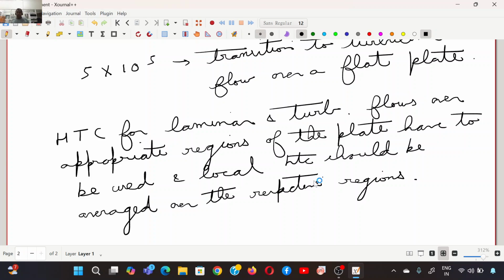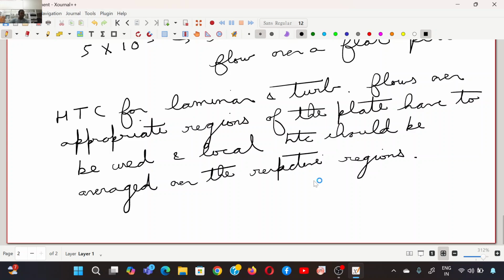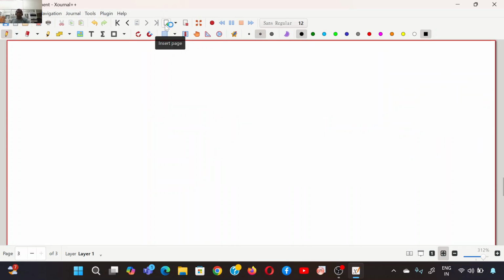Okay, so the heat transfer coefficient for laminar and turbulent flows over appropriate regions have to be used, and the local heat transfer coefficient should be averaged over the respective regions. But before that, we should determine till what distance the laminar flow holds and from where the turbulence begins. So that in the laminar region, we can apply the laminar correlation, and in the turbulent region, we can apply the turbulent correlation.